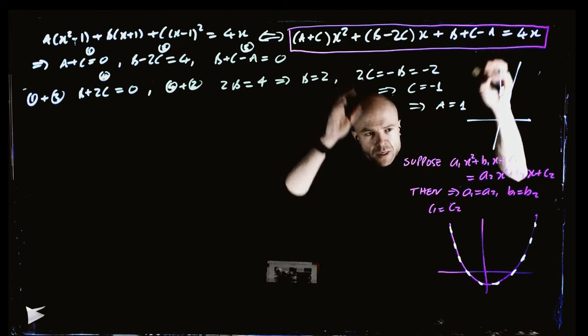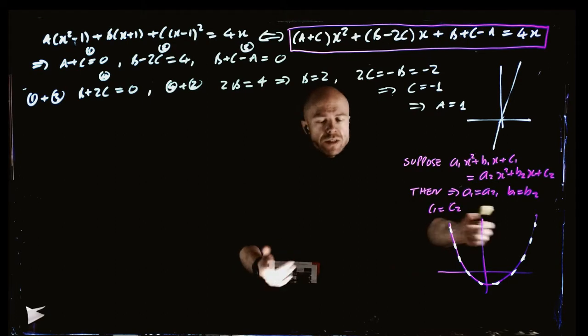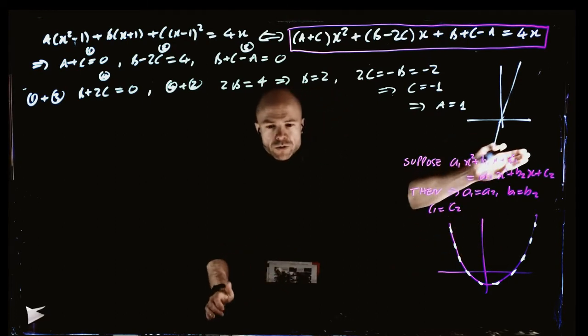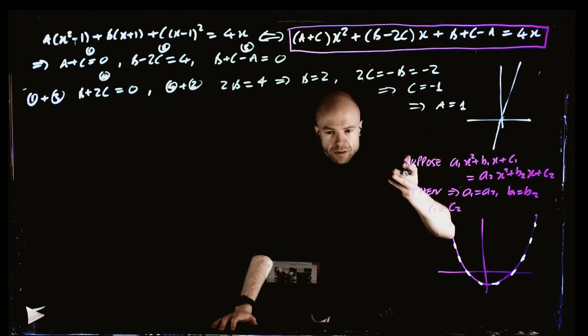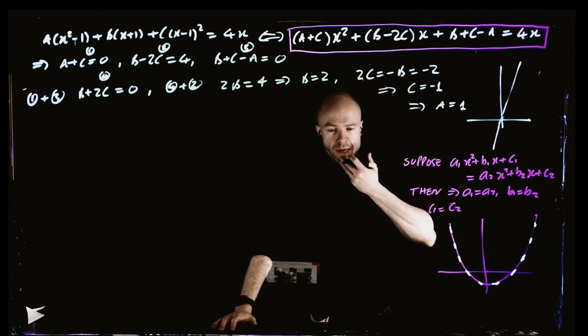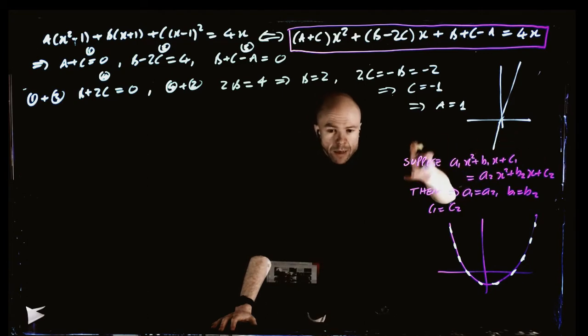So if a1 was 101 and a2 was 100, and this was true for all x, and we put x is 10 billion inside this, then all the other terms are negligible, so it'll be 101 times 10 billion, which cannot possibly be equal to 100 times 10 billion, right? Do you see what I mean?